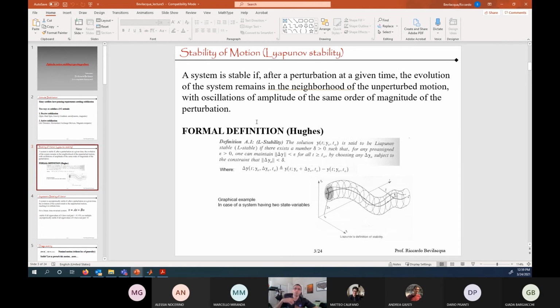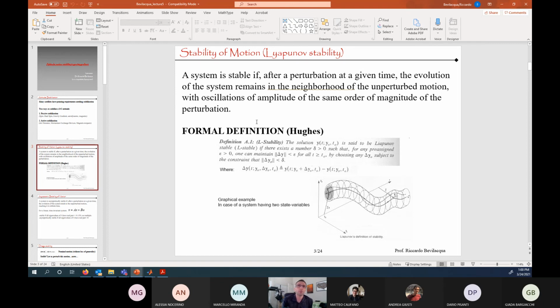A system is in general stable if, after you give it a perturbation at a given time, whatever happens after that perturbation is an alteration of the unperturbed motion that remains bounded, basically. The oscillations with respect to the unperturbed motion are of the same order of magnitude as the perturbation itself.